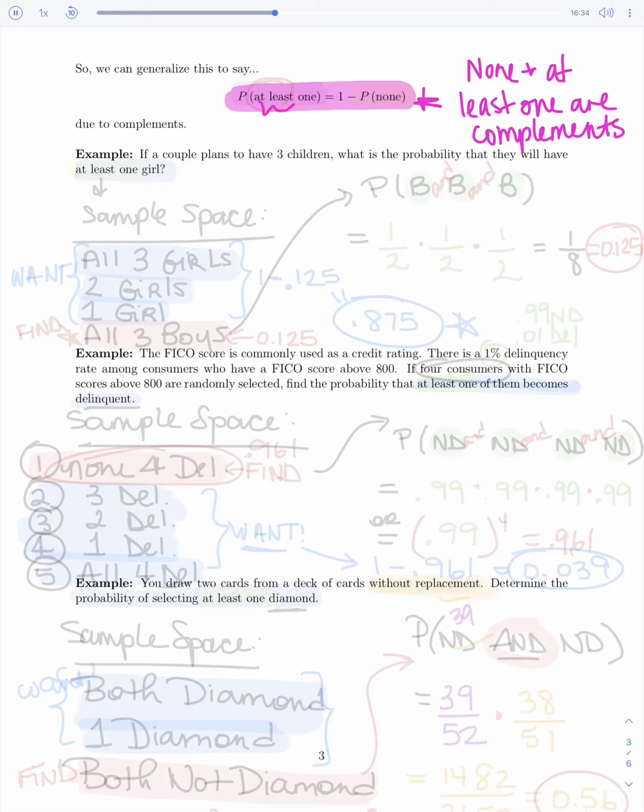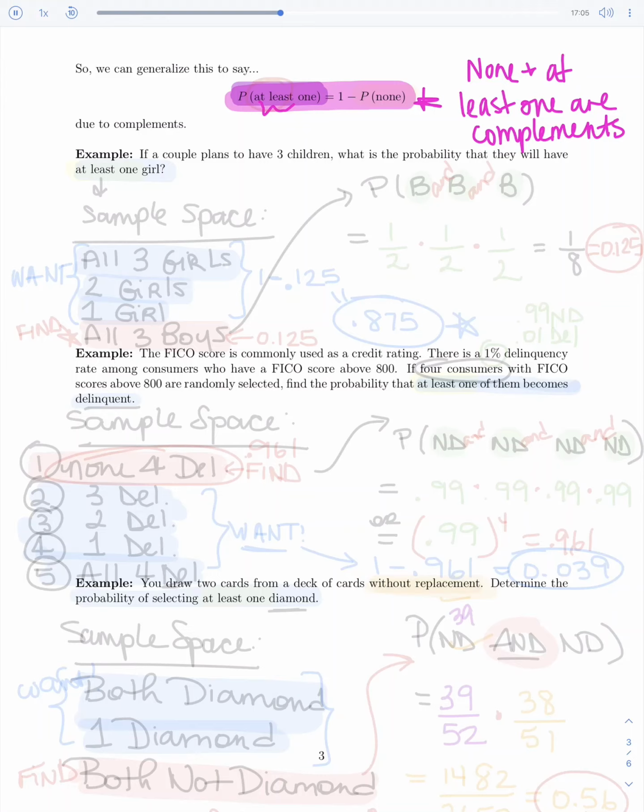Why is this going to be helpful? It's helpful because finding the probability of at least one without using complements is a pain, because there are usually too many probabilities. Just taking the light bulb example: when you say at least one light bulb fails a test, it could be that the first one fails and the second one passes, or the first one passes and the second one fails, or you also have to worry about what if they both fail.